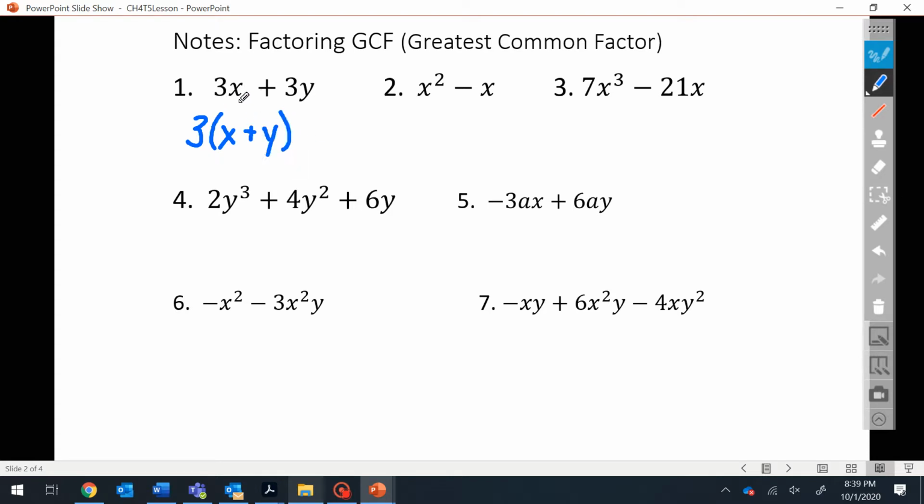So factoring the greatest common factor, the 3, out of this, the 3 comes to the outside, and what we're left with is x plus y. And you can very quickly check that this is true just by distributing back into the parentheses. 3 times x is 3x, 3 times y is 3y.